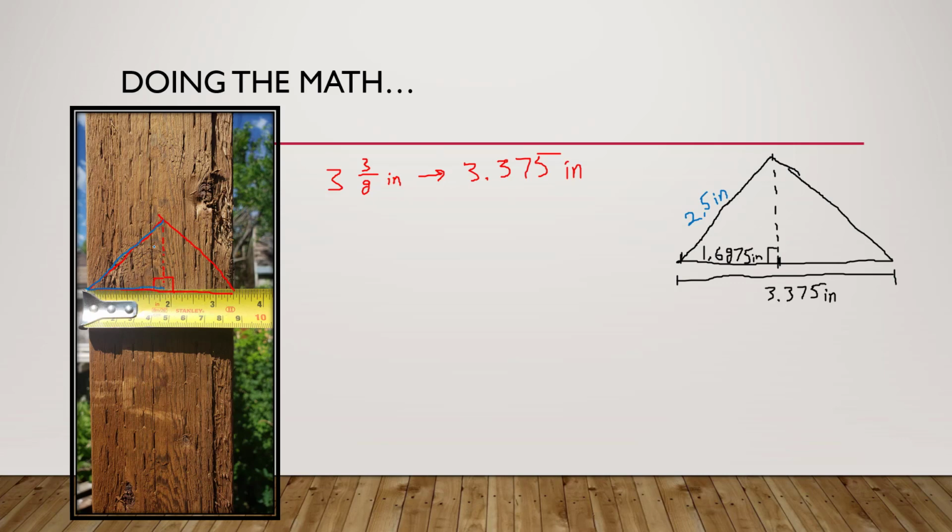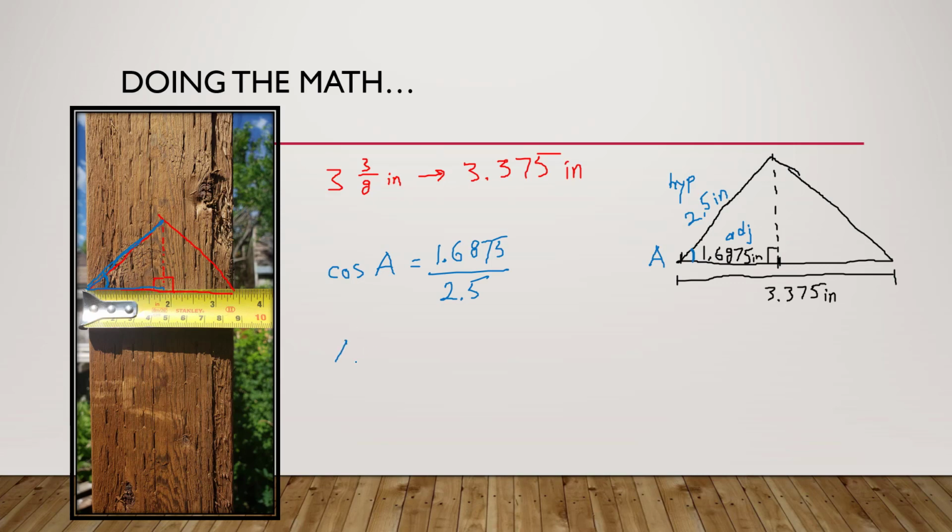So I know this side, I know how long of a cut I can make. With that, I can find the angle I would need to cut. So that would be this angle. We'll call this angle A. For an angle, I have my hypotenuse and my adjacent, that's cosine. So I know that cosine of A is equal to my adjacent, 1.6875, over my hypotenuse of 2.5.